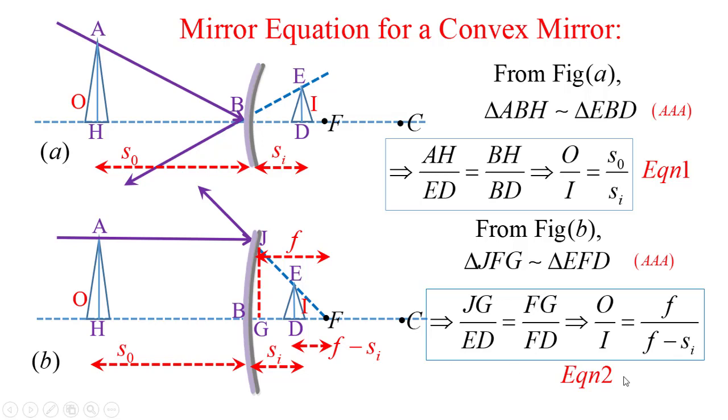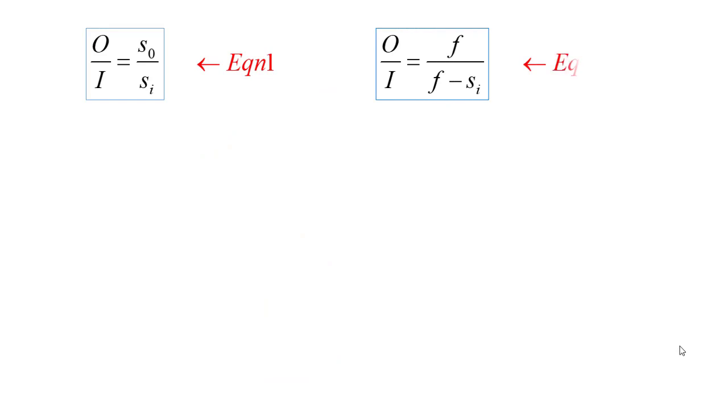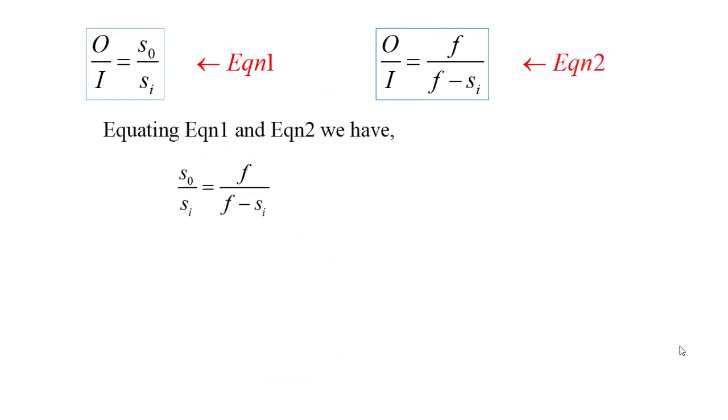And remember that the first equation is O over I is S naught over Si. From the second equation, O over I is again F divided by F minus Si. We will continue with these two equations. So equating equation 1 and 2, we will have S naught over Si is equal to F divided by F minus Si.